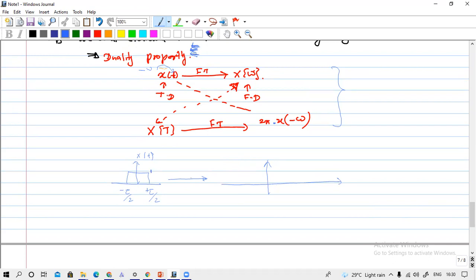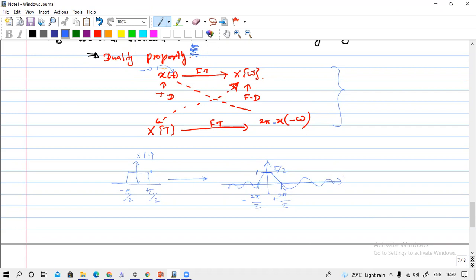Say this is 1, so here also the sinc will be tau by 2. And here it is decaying like this. And this point will be 2 pi by tau, and this one also 2 pi by tau.